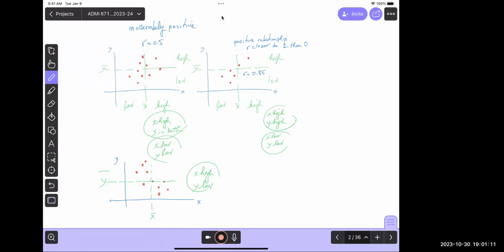When X is low, what happens to Y? High. The tendency is high. It's not perfect, but the tendency is to be high. So when the trend is opposite, this is a negative relationship, moderately strong, not perfectly strong. This is an example of a negative relationship.